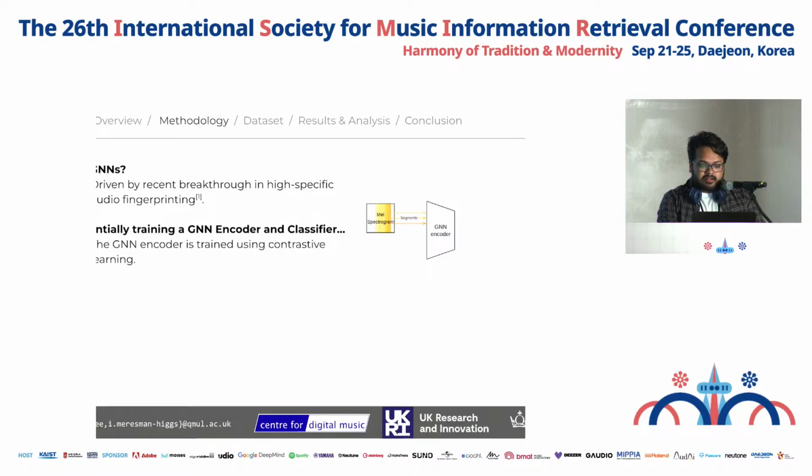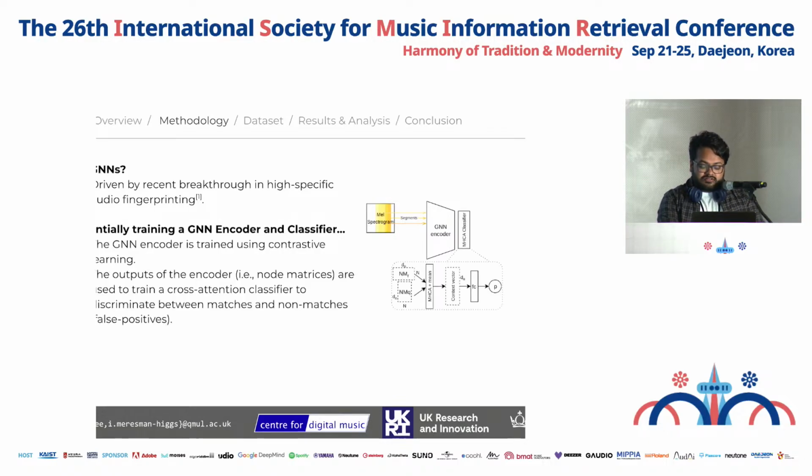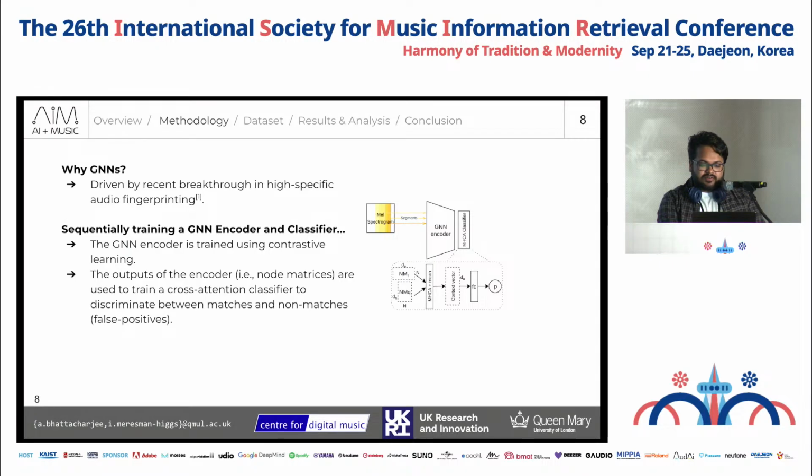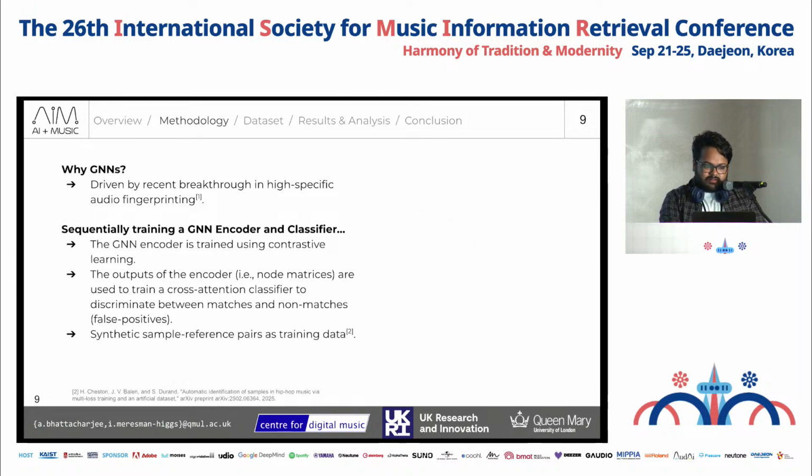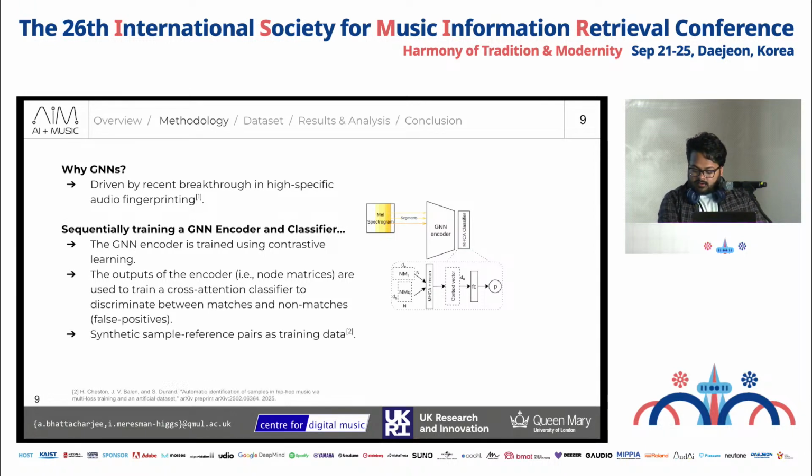But then we also train a cross-attention classifier, which might seem a bit redundant at the moment, but I'll try to motivate this in this presentation. For the training data, we use artificially generated sample reference pairs, and again, we'll talk about this a little bit more in the poster session.